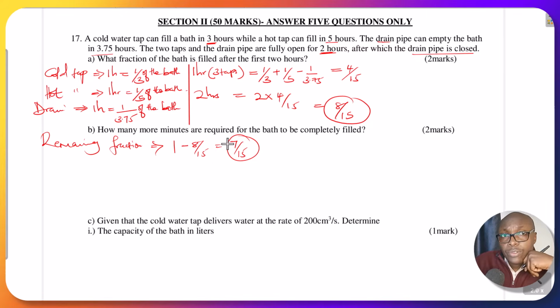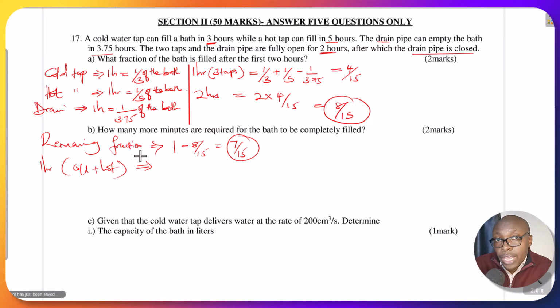Now this 7/15 fraction of the bath is supposed to be filled by only the cold tap and the hot tap, because the drain pipe is closed after the first 2 hours. So now we need to get in 1 hour what fraction of the bath the cold plus the hot will fill. We've already indicated the cold will fill 1/3, then the hot will fill 1/5 of the bath.